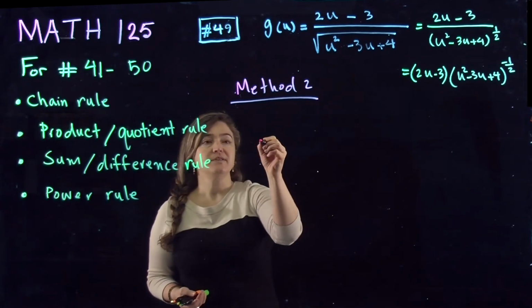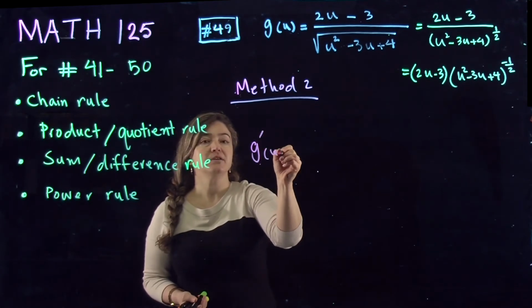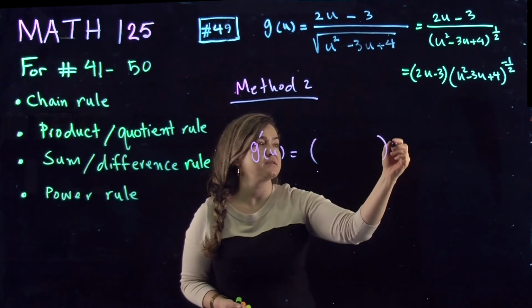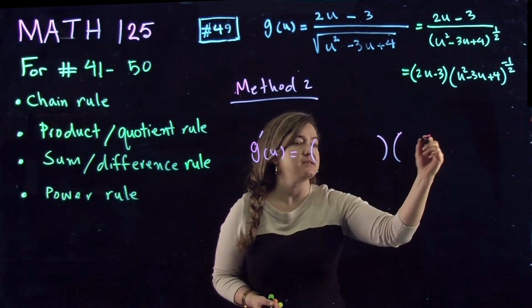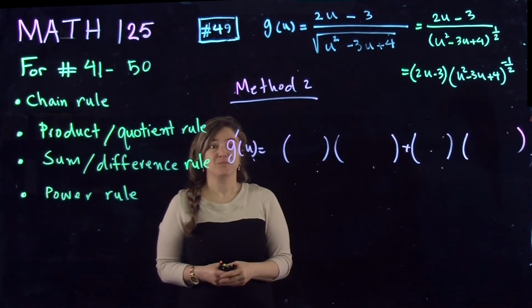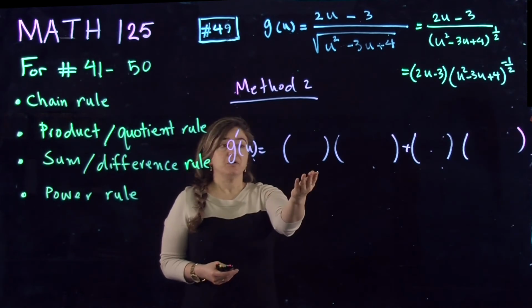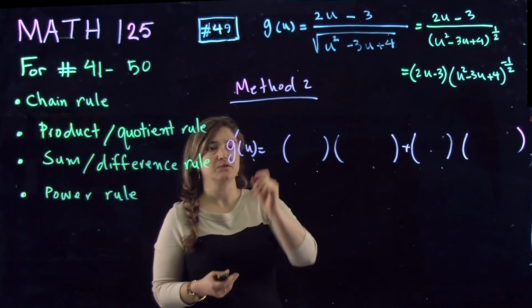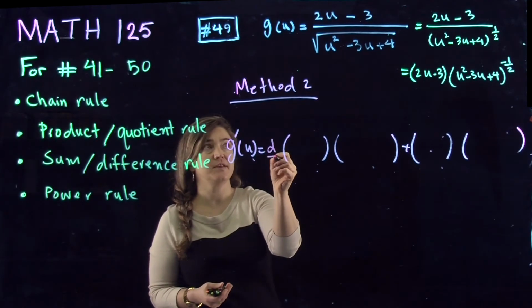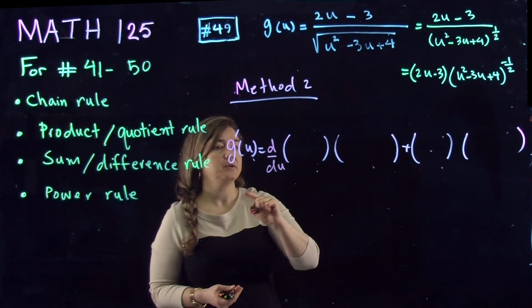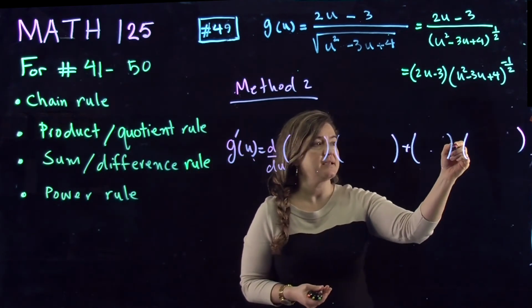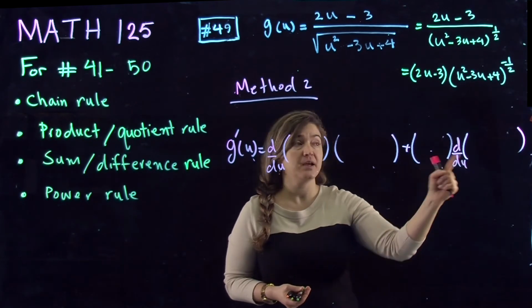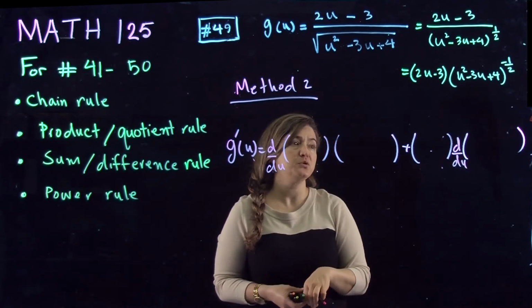So derivative this time is a product rule, which comes with 4 sets of parentheses. The first one is going to have the derivative of the first one with respect to u. The second set will have the derivative of the last one with respect to u.